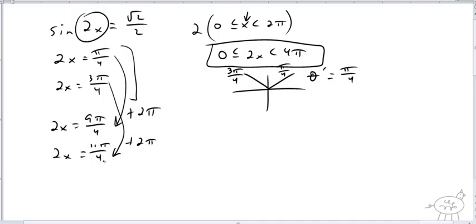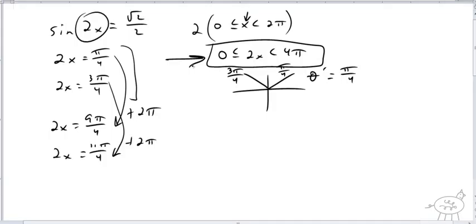Are these values still between 0 and 4 pi? Yeah. 11 pi over 4 is definitely less than 4 pi. 4 pi is 16 pi over 4. So this is still valid, because 2x is between 0 and 4 pi, and it truly is.